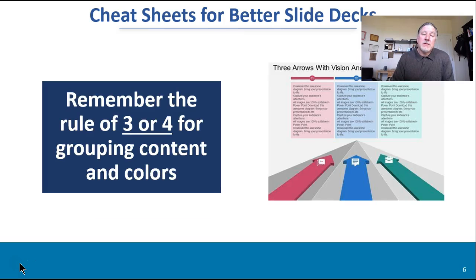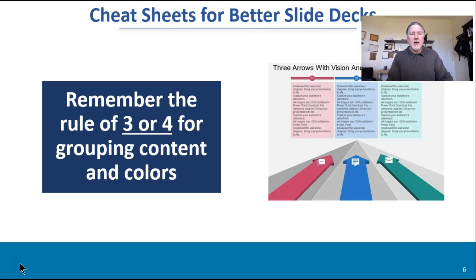Also is the rule of what we call 3 or 4. We already talked about the pyramid principle, about 3 buckets, but even within slides, 3 or 4 in terms of grouping and separating content. And colors, no more than 3, no more than 4, but generally the rule of thumb is about 3. In this case, you see in the slide I have 2 items.